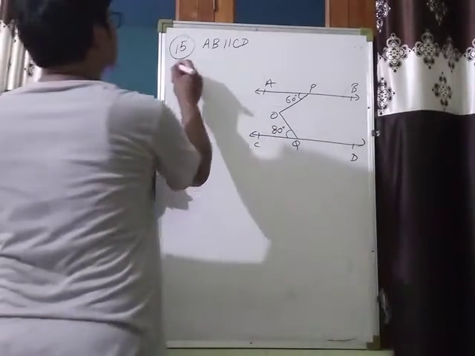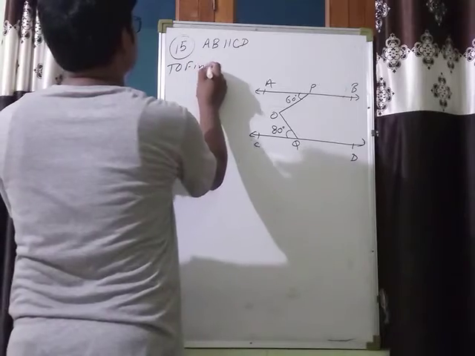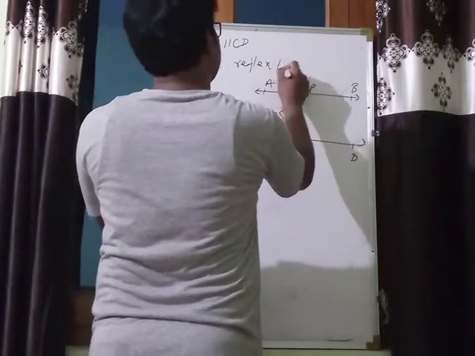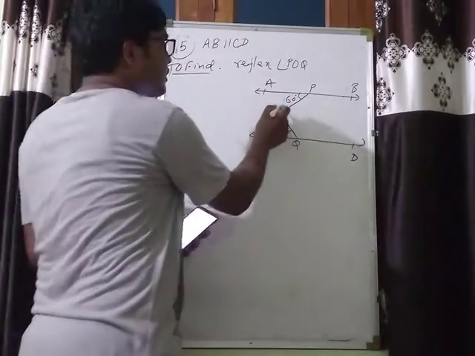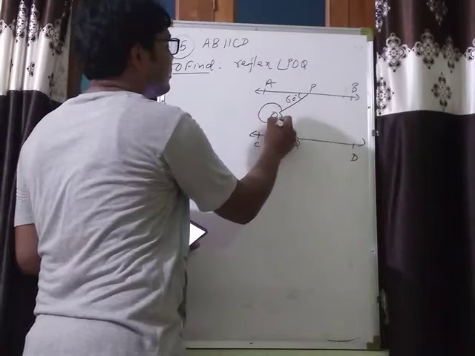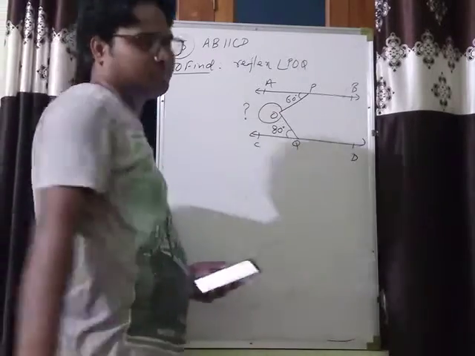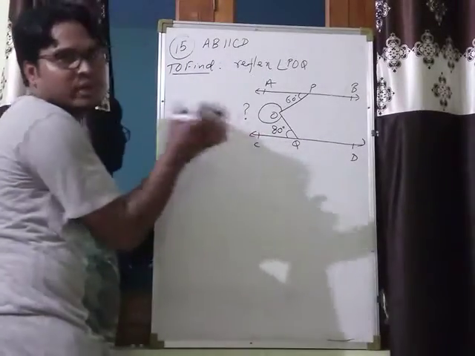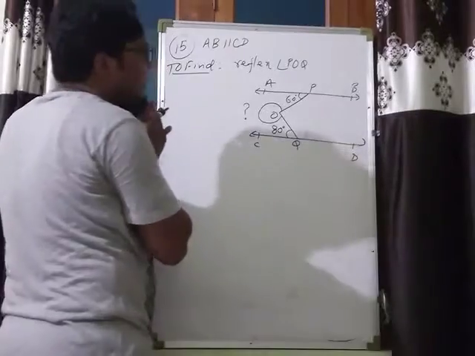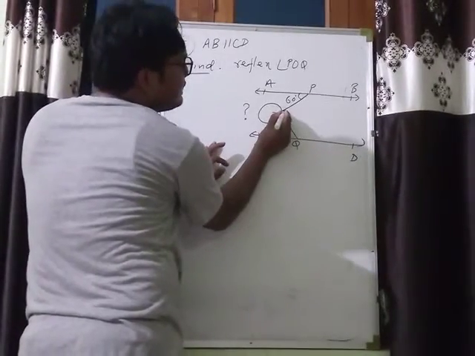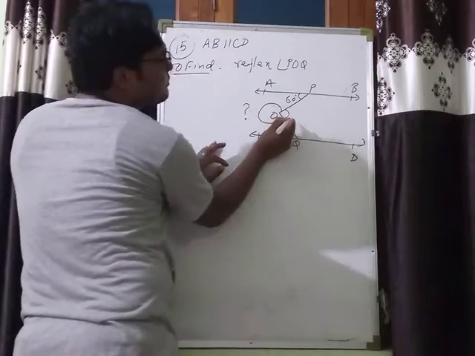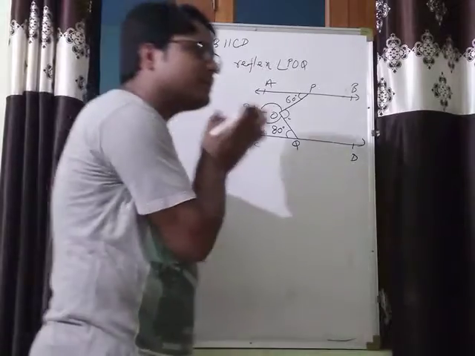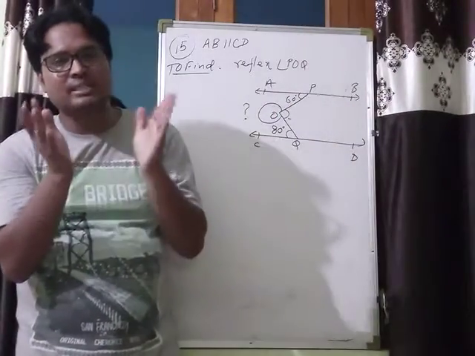We have to find the reflex angle POQ. Reflex angle POQ means it asks you to find this reflex angle. Listen carefully everyone: if it only said POQ, see this angle is also read as POQ and this angle is also read as POQ, but it asks for the reflex angle POQ.